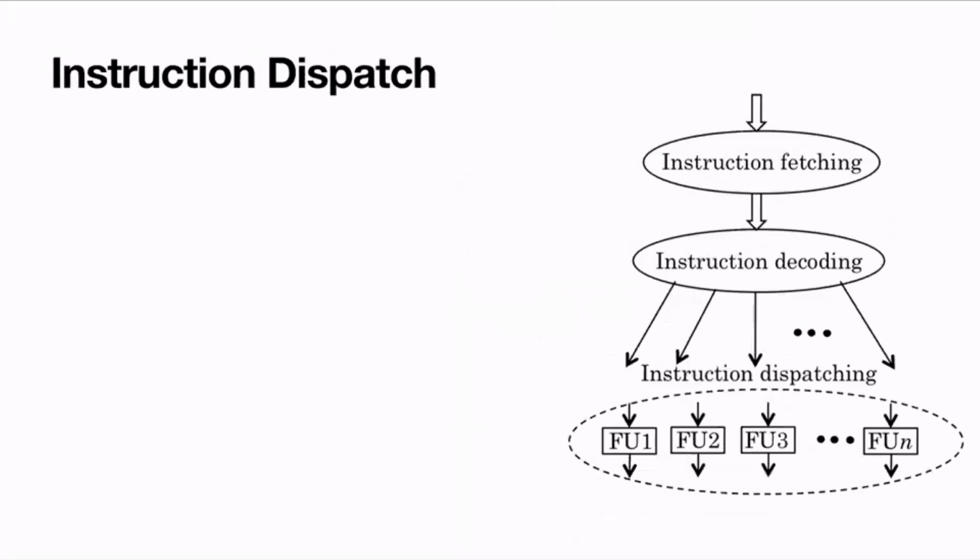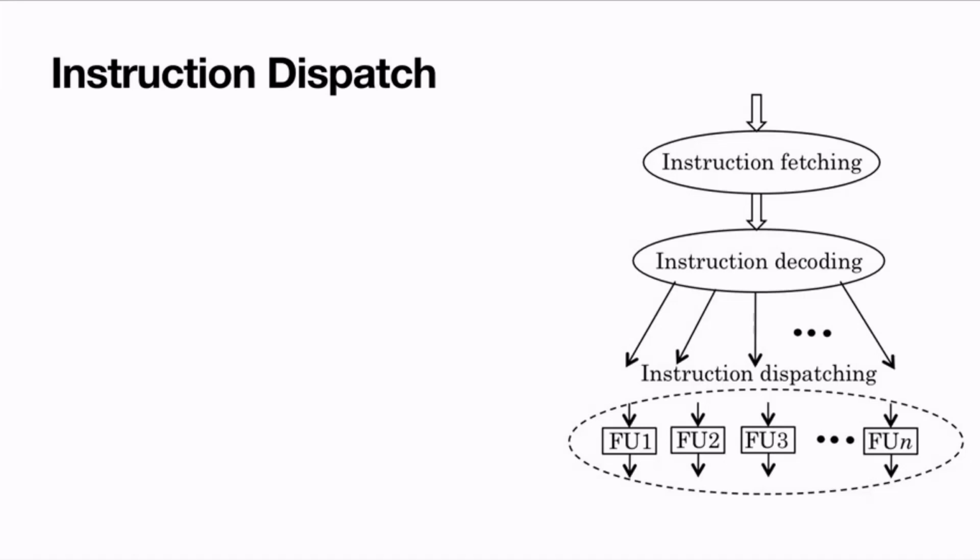So when we fetch multiple instructions, if you consider an aggressive superscalar processor, you can have a 4-wide or 8-wide superscalar. In each cycle, multiple instructions are fetched, and parallelly they will be decoded, because you'll have multiple decode units, and then you dispatch them onto the reservation station. Of course, you can directly dispatch them onto a functional unit, but if the functional unit is busy, then back pressure will be there.